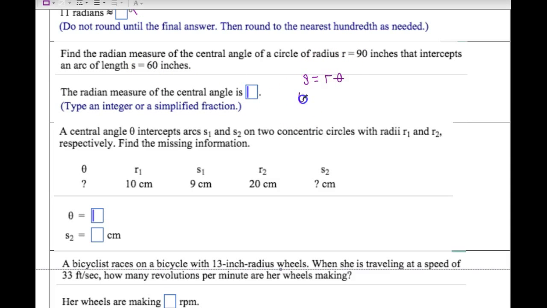So 60 equals 90 theta. Notice that they want a simplified fraction at the end. So if I divide both sides by 90, this cancels out, and I'm left with theta equals 2/3.